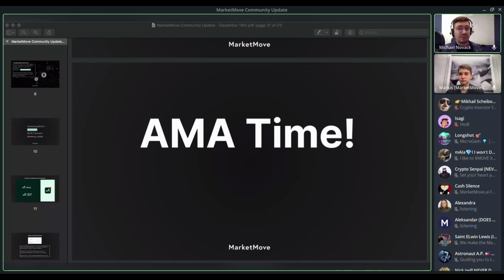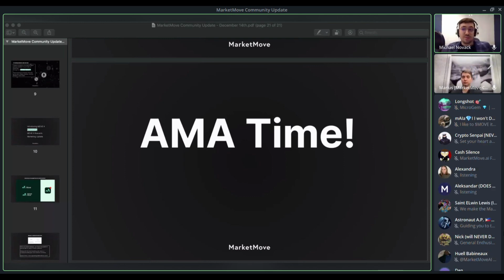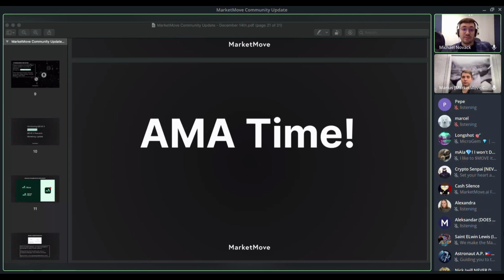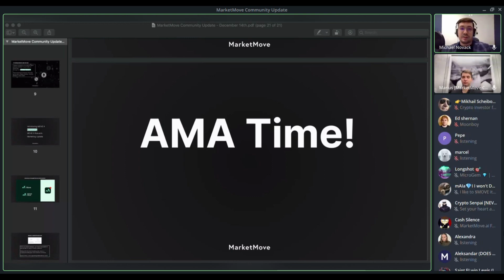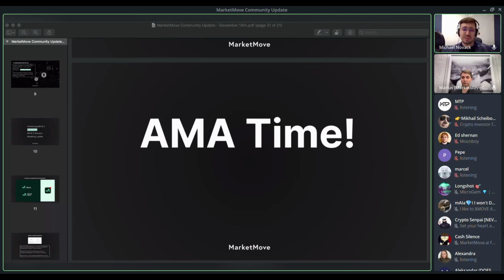For MarketMove Trade, for example, it was like, okay, it's really cool that you want to do that and focus on that, but why go for it if instead you can go for much bigger things, especially since there are already some companies which aim to do exactly that, and there are already some solutions out there for this specific purpose.